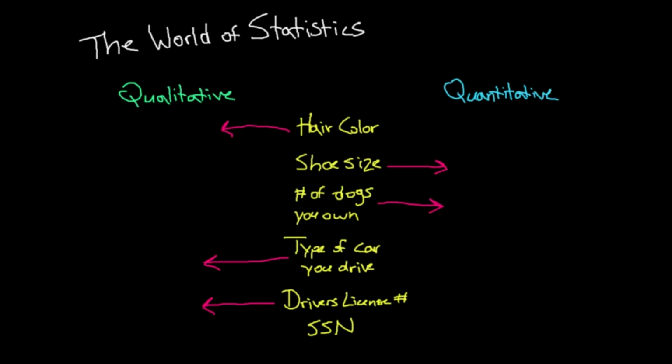Driver's license is a label for a specific individual. It is unique to each person, and from one person to the next, one isn't bigger or less than the other. So that's why a driver's license number would be qualitative.